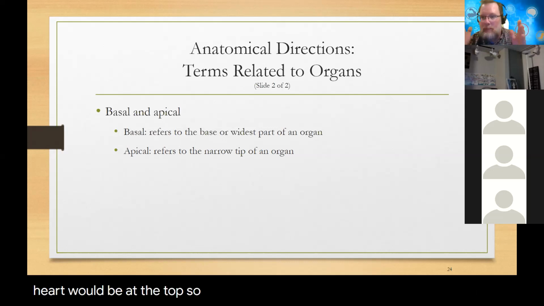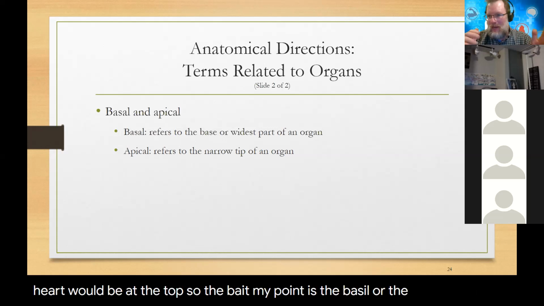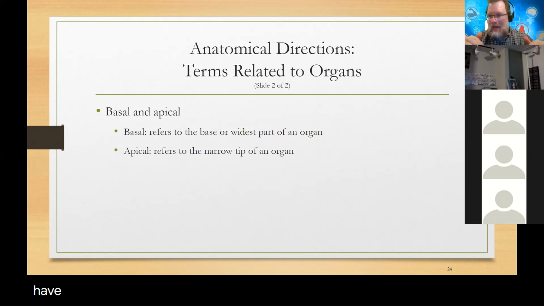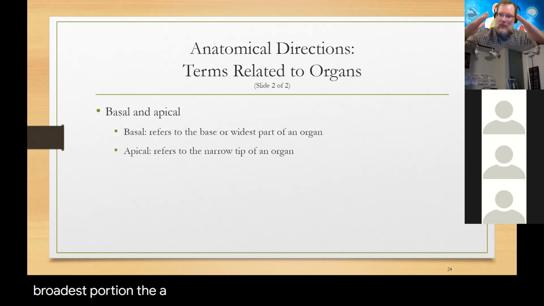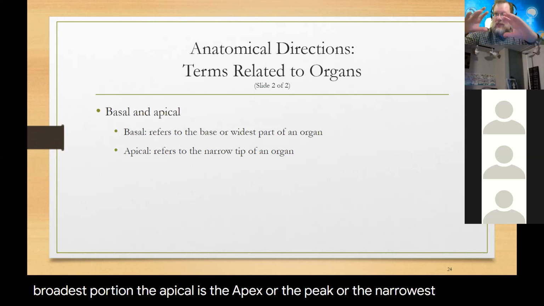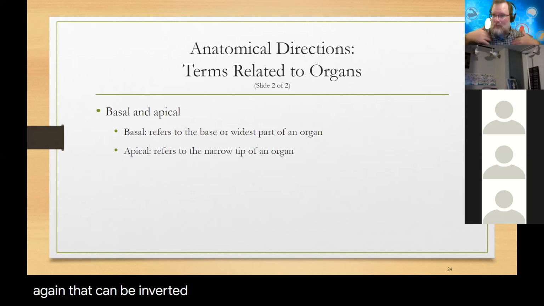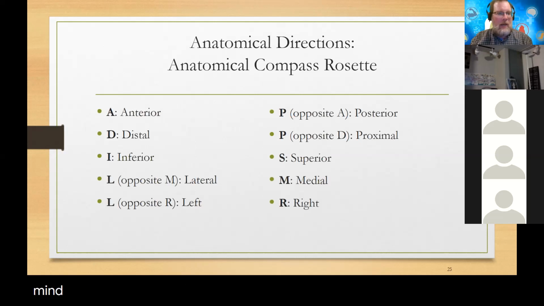So my point is the basal or the apical don't have to be bottom or top per se. Basal just means it's the base, or the broadest portion. The apical is the apex, or the peak, or the narrowest portion. Again, that can be inverted, which we do see with the heart. So just keep that in mind.